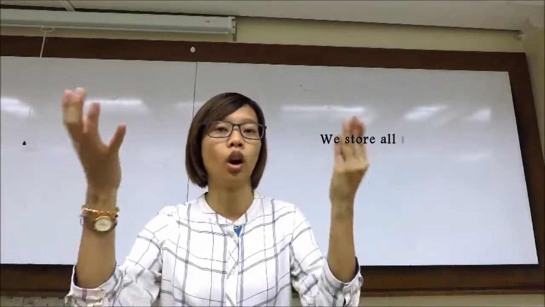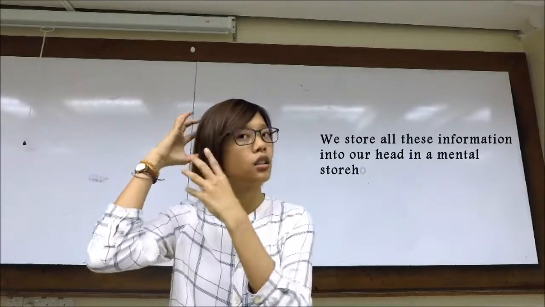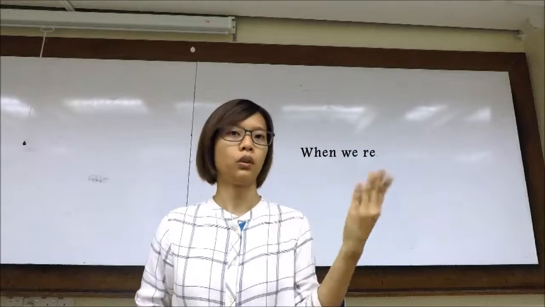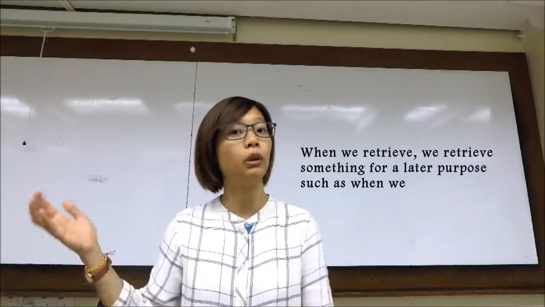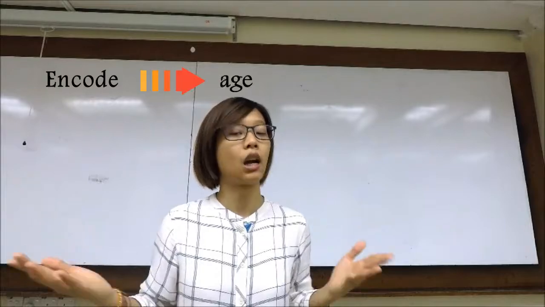We store all this information in our head in a mental storehouse. Lastly, we have retrieval. We retrieve something for a later purpose, such as when we recall someone that was in that particular incident. So these are the three main things that we will talk about today.